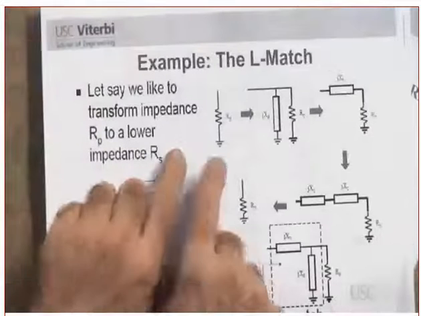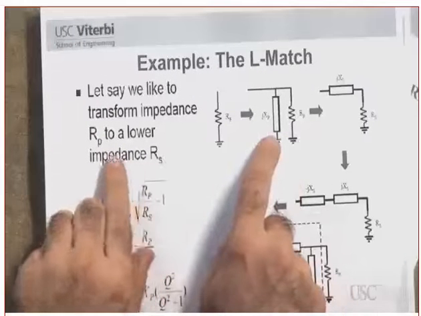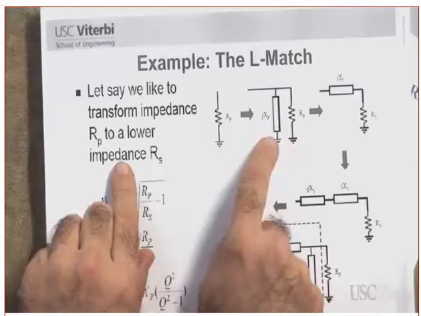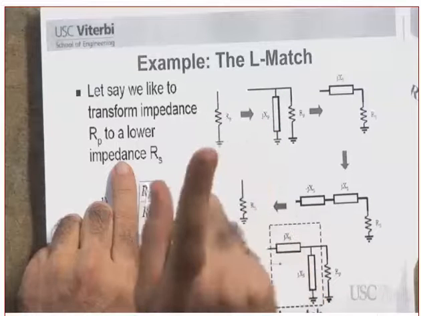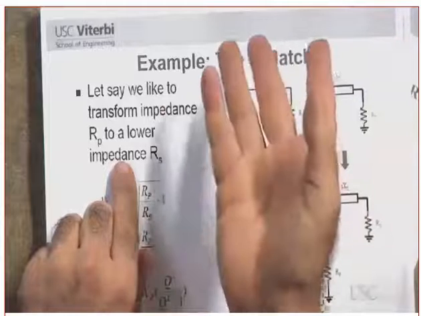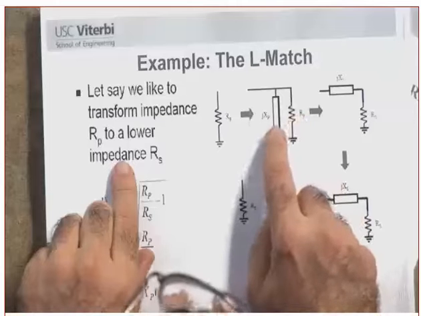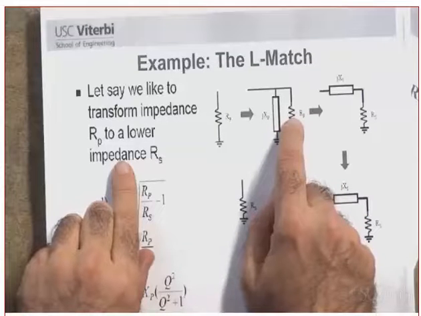Let's see if you can help me. This is RP. I'm going to put a reactive element. You notice I said reactive element? It could be a capacitor or it could be an inductor, depending on whether XP is positive or negative. I will put it in parallel with the RP. Yes or no?